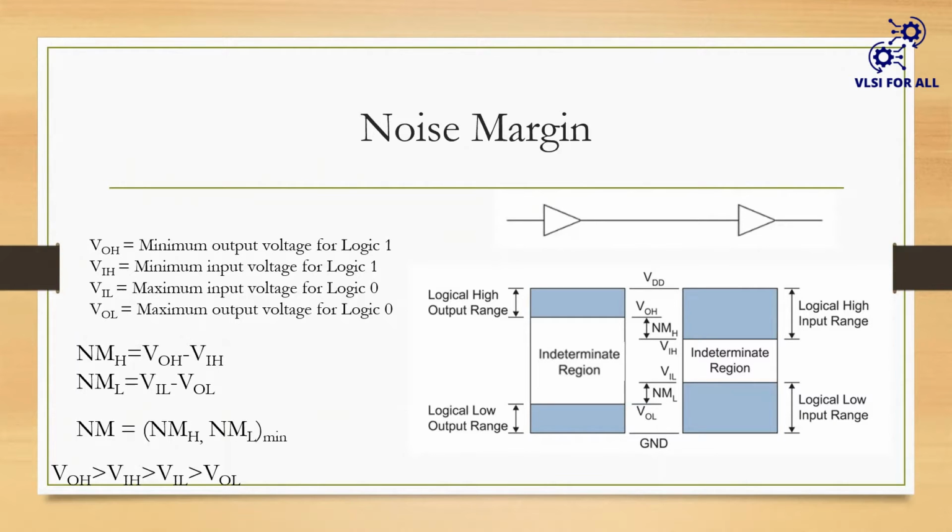The difference between VIL and VOL is the low noise margin. We need to consider the minimum value of either NMH or NML, so that it is applicable to both noise margin high and noise margin low.